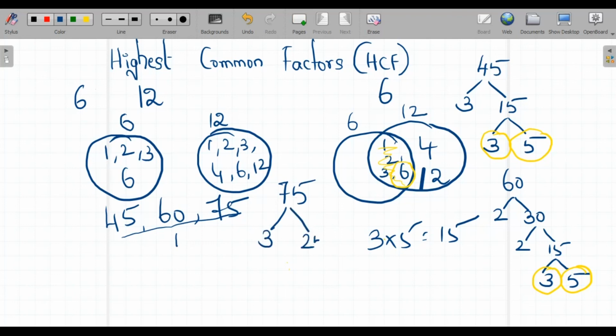This is 25. This becomes 5 and 5. Okay. Now if you figure out the common factors, that is still 3 and 5 because there is 1 3 and 1 5 across all the three numbers. So the HCF of the three numbers is 3 into 5, 15. So this way you can use the factor tree to find the HCF of more than two numbers also.